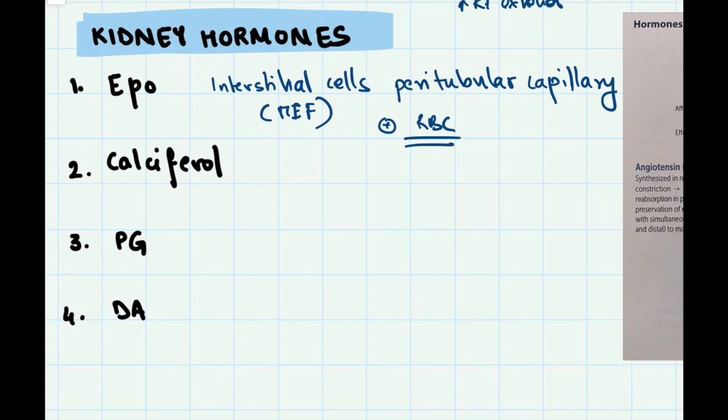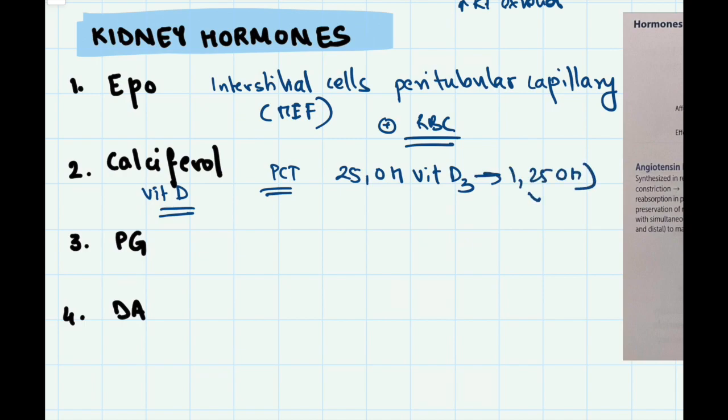Next is calciferol, which is vitamin D. So what happens is that in the PCT there is conversion of 25 hydroxy vitamin D to 1,25 dihydroxy vitamin D3, that is known as calcitriol, or that is the active form.